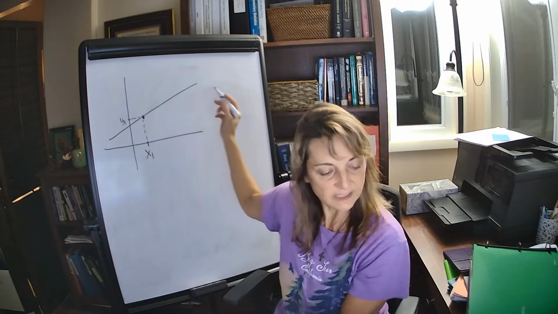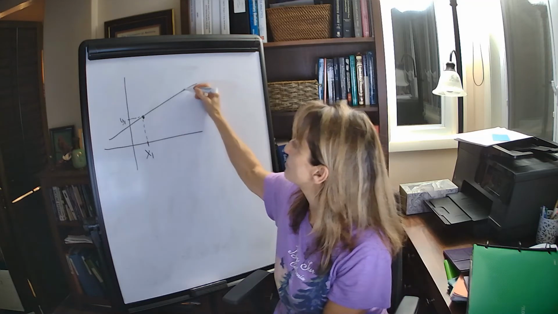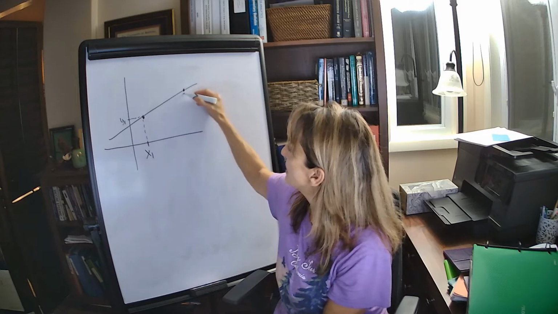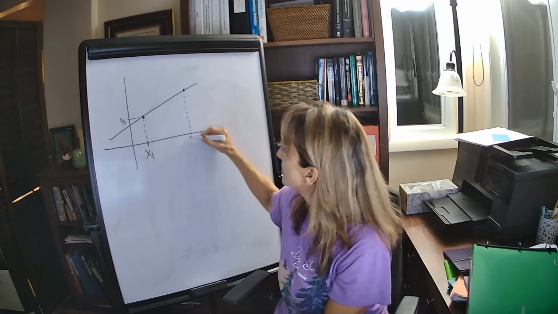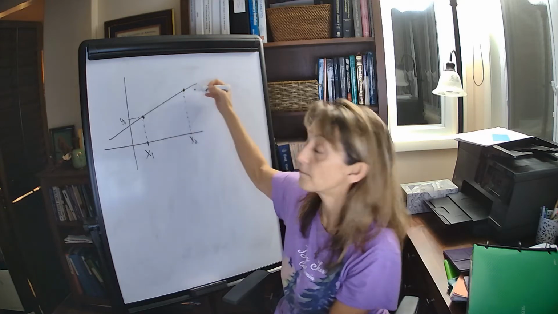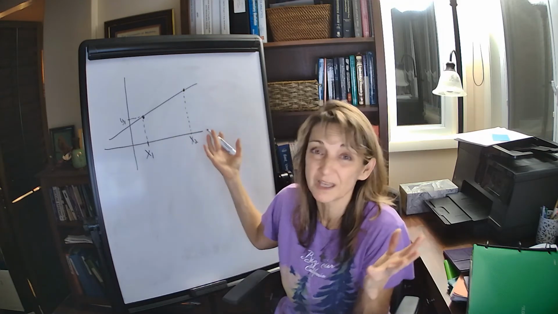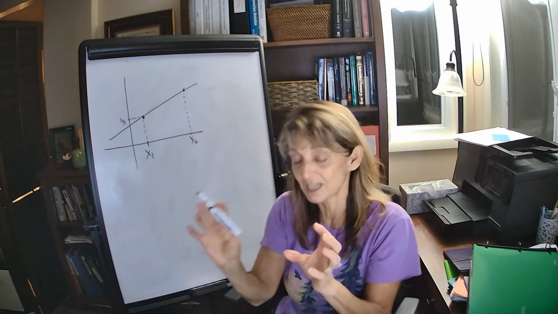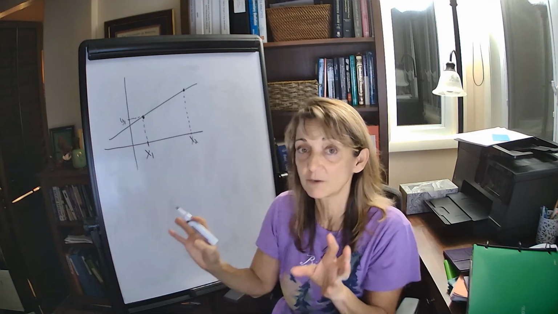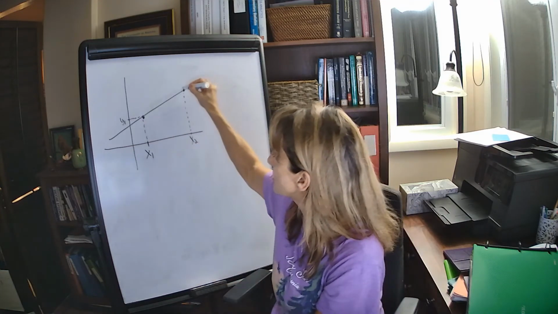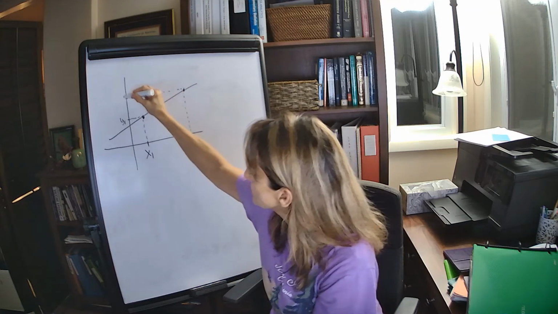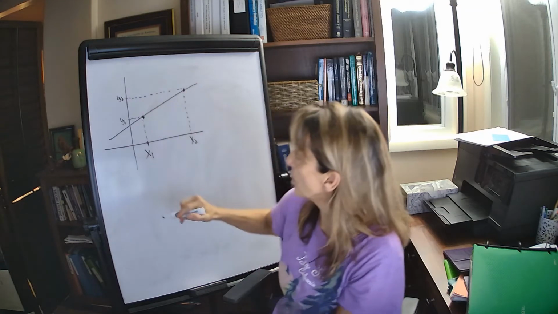Now we go to the second point, x2, y2, meaning I can just pick any two numbers. I don't want to say what they are. This one's y2.